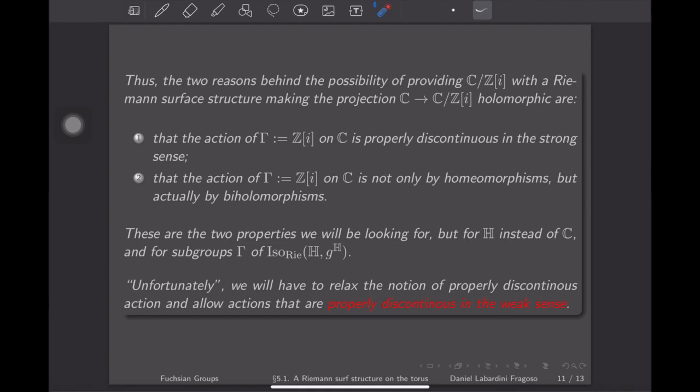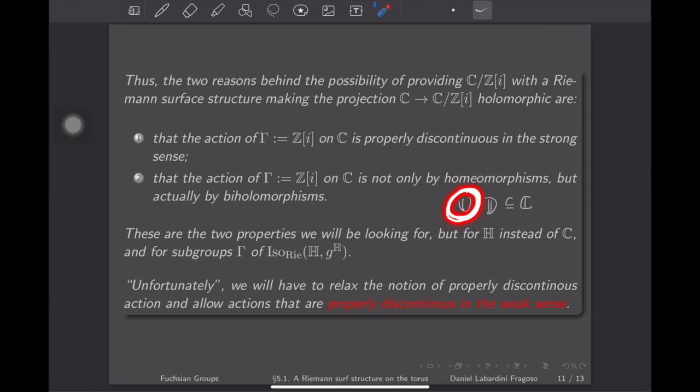And those are the properties that we are going to be looking for, because now what we have is, for instance, H, and let's say in the two models, U or D, each of which is an open connected set of C. And moreover, let's focus on the upper half plane.